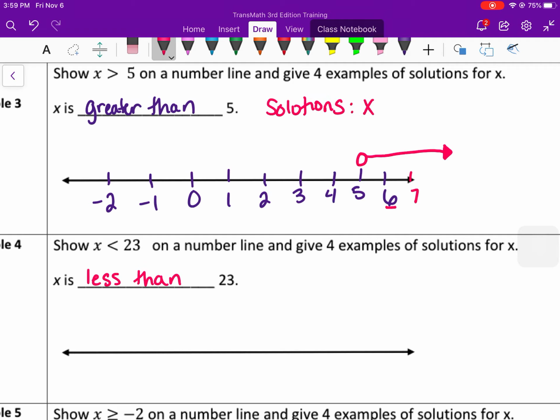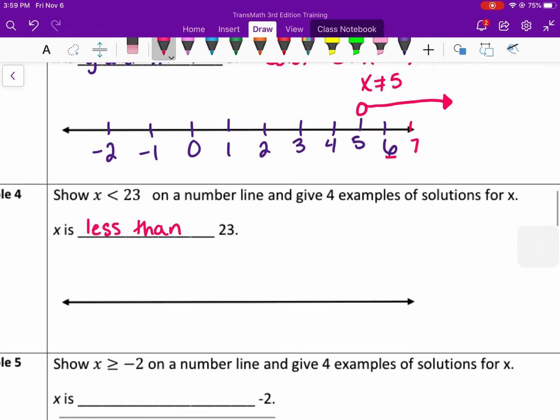We could have x could equal 6, 7, 8, or 100. Anything bigger than 5, greater than 5. X cannot equal 5 because 5 is not greater than 5. These are just possible solutions. There's infinitely many that would work.